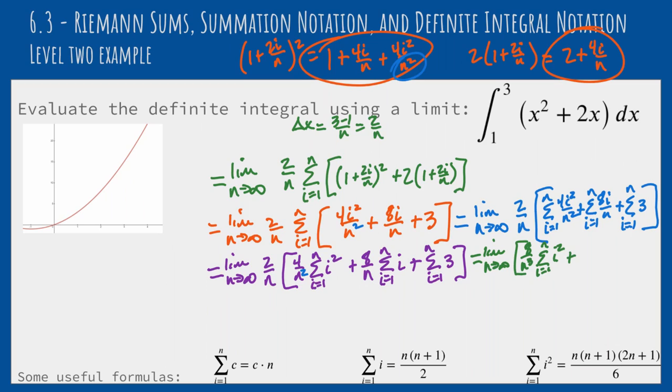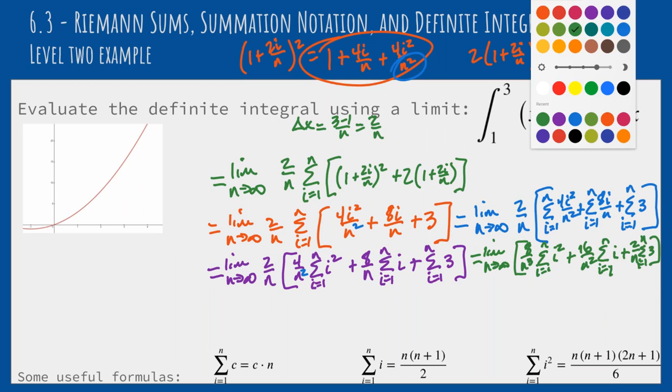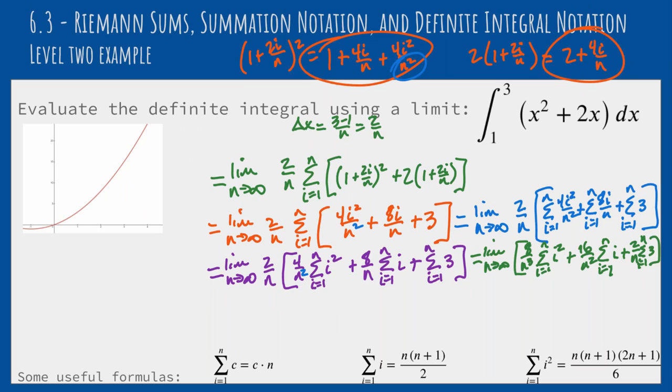And then we're going to have 16 over n squared, sum from i equals 1 to n of i. And then we're going to have 2 over n, sum from i equals 1 to n of 3. Sorry that I'm squeezing it together here, but I promise we're getting kind of close. I do want to point out that this isn't really looking any simpler, but we are working toward a point where we can start simplifying.